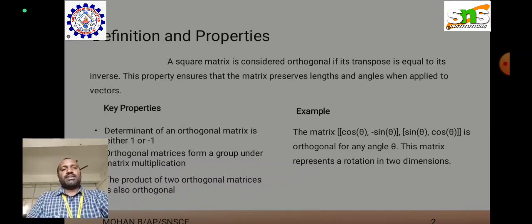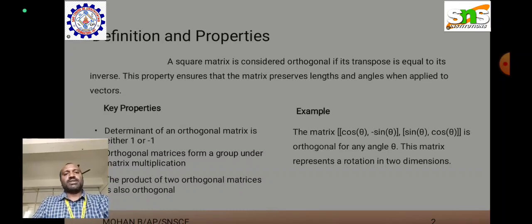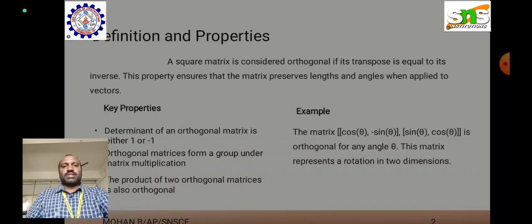See the given example of cos theta, minus sin theta, sin theta, cos theta. This matrix is orthogonal for any angle theta, and it represents a rotation in two dimensions. It is a very important thing.